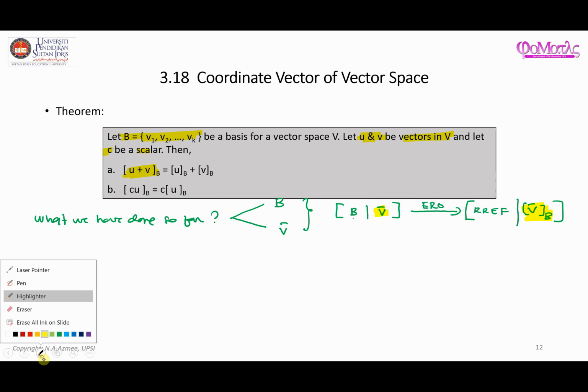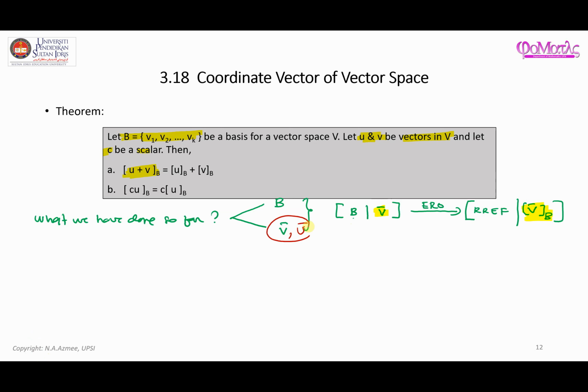Now the theorem says that what if you have not just one vector, but two vectors, you also have vector u. How can you find the coordinate vector of u plus v with respect to b?